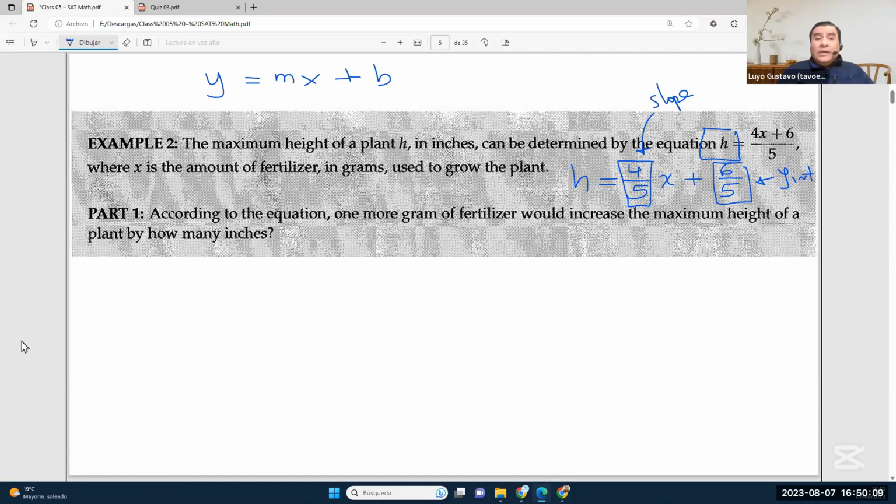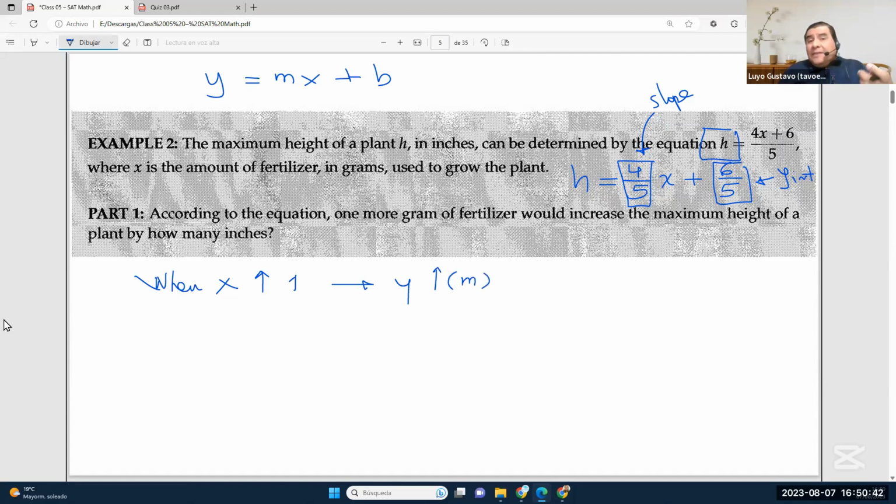If you notice what we mentioned in the previous example, I think you can do this very easily. Remember the rule? When x increases by 1, then y increases exactly in the value of the slope, the value of m.